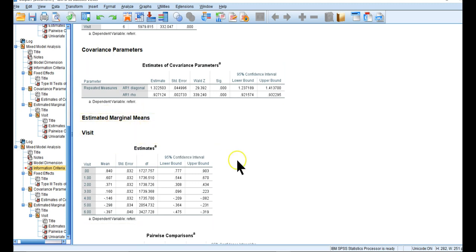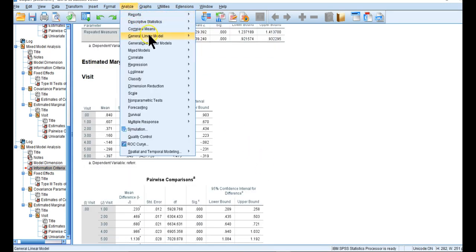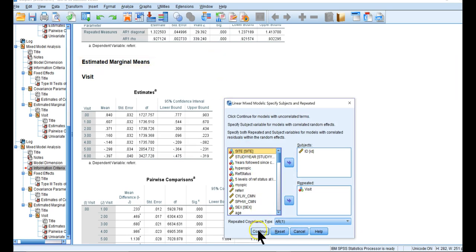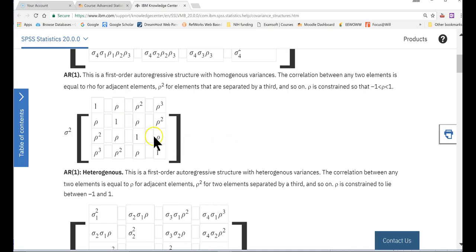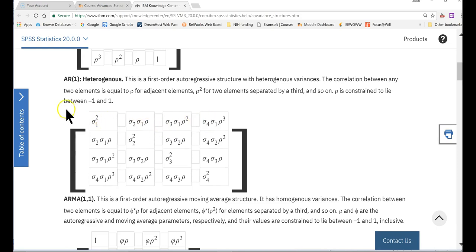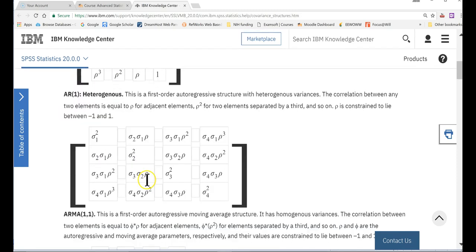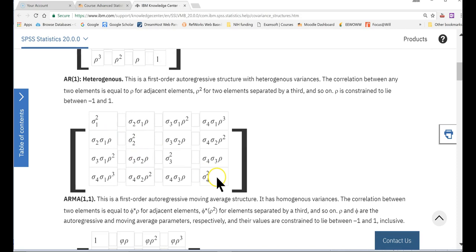All right. Let's try maybe one more, to bring it home a little bit more. So what we did before, let's come here first. Now we could go to AR heterogeneous. So before we just had this one sigma squared. Well, we could make everybody different with this relationship here.